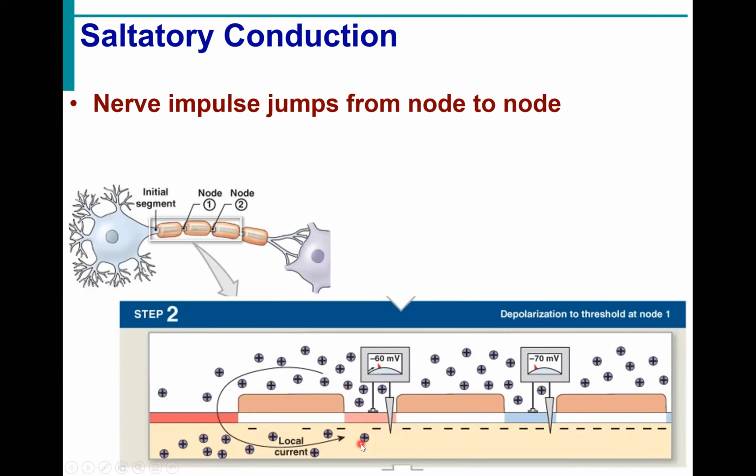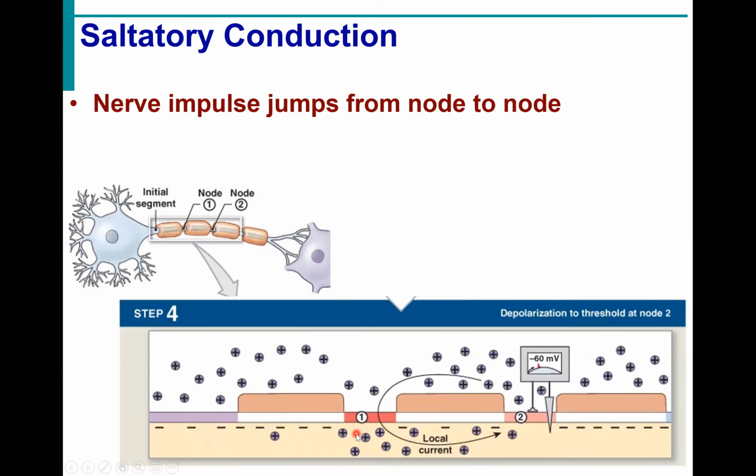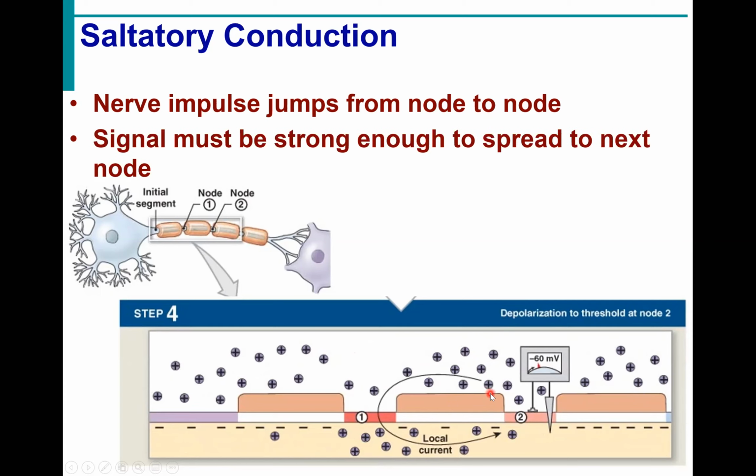It travels faster because it's just passively traveling, but it's smaller. But it doesn't matter if it gets smaller, as it can attenuate 90%. As long as it reaches threshold, it will open those voltage-gated sodium channels, allow a new action potential to come in, which spreads to reach threshold, and this process continues.